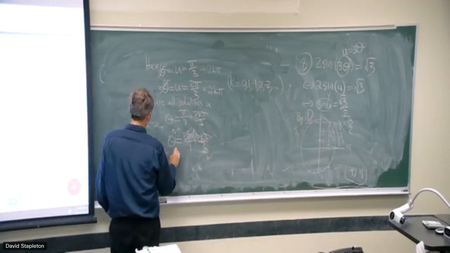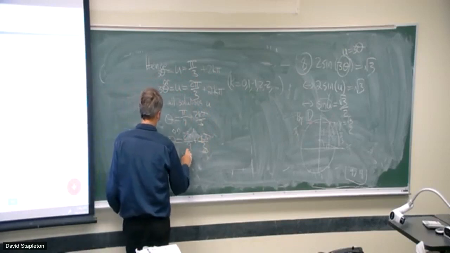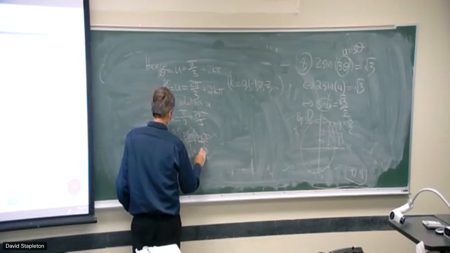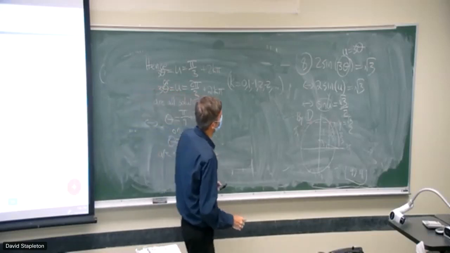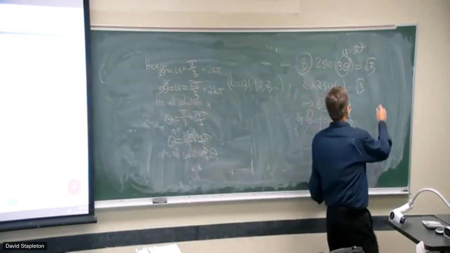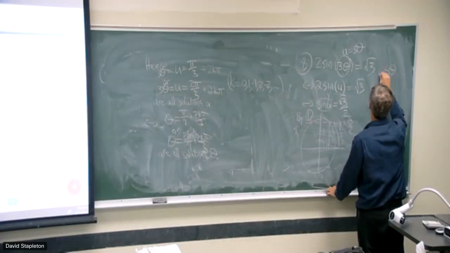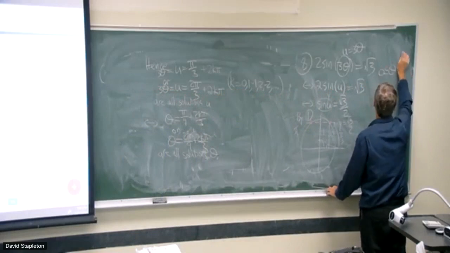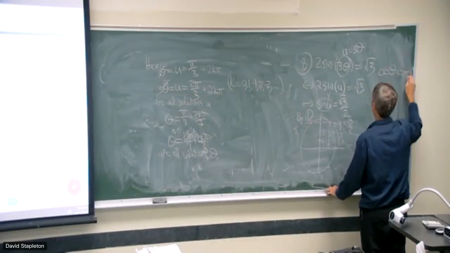But we don't want all solutions theta. We want theta between 0 and 2 pi in these, right? If I restrict this and I say in this problem I want theta between 0 and 2 pi, what do I get?